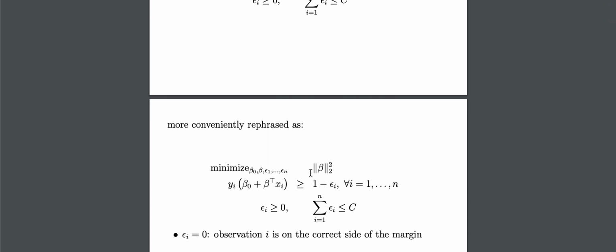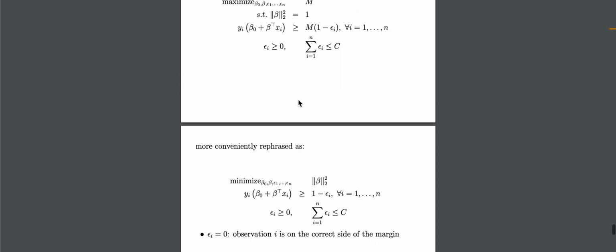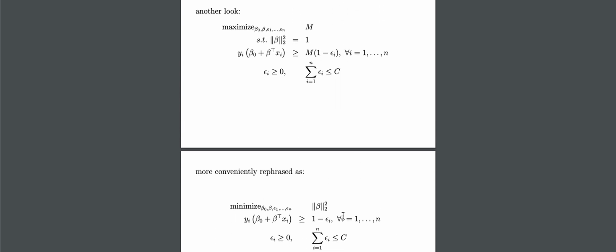These two optimization problems are the same. In other words, you can reduce one to the other and vice versa. If you solve this, you get an answer. If you solve this, you get the same answer. It's just two different ways of framing the same problem.